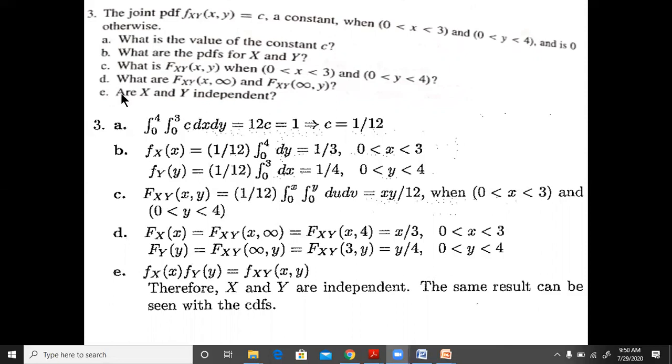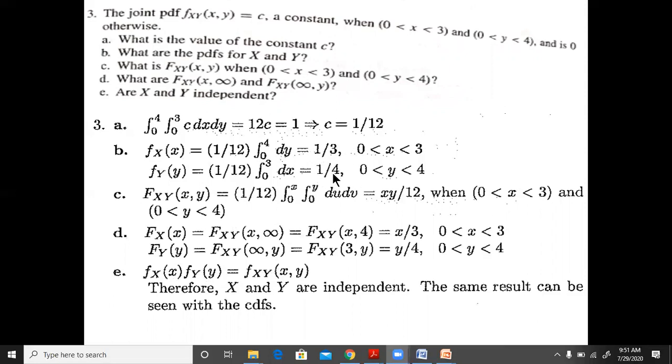The next question is, are x and y independent? The equation for independence is this: the joint probability density function is equal to the product of the individual probability density functions. This value is 1 by 12, and these two values we have just found out, 1 by 3 and 1 by 4.